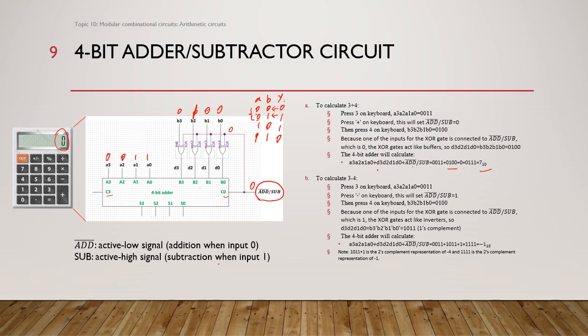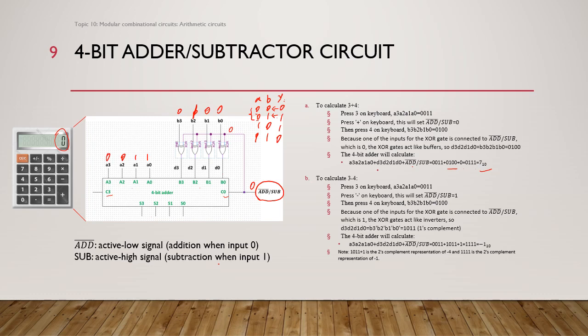Okay, now for subtraction. When we want to use our calculator for subtraction, we first press the first operand, which is 3 here, right? So this is the same as addition. But the second step, we need to press the minus sign on the keyboard.